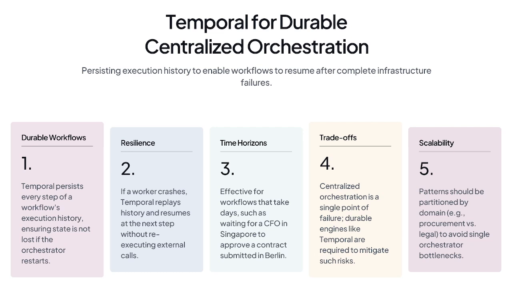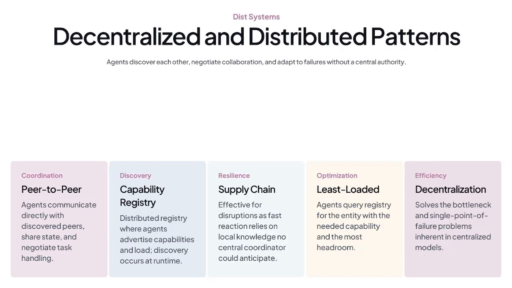For example, you have an orchestrator layer for every procurement agent, one for every legal agent, one for every supply chain agent, and you also have an orchestration layer for every IT agent. This enables you to avoid a single orchestrator bottleneck in design.